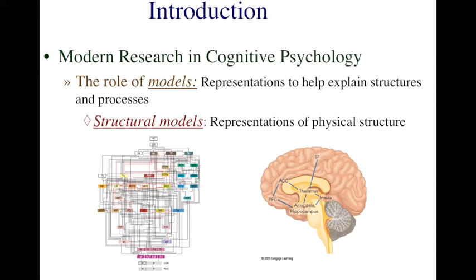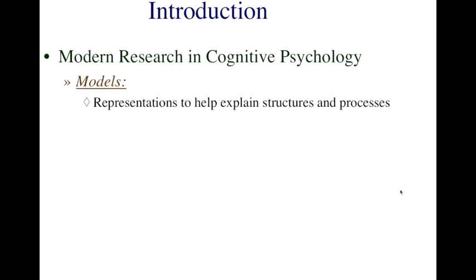This one is the pain matrix, and it shows the various brain structures that are engaged when we are experiencing pain. Cognitive psychology then uses these representations to help explain structure and processes, and models are very important in cognitive psychology.